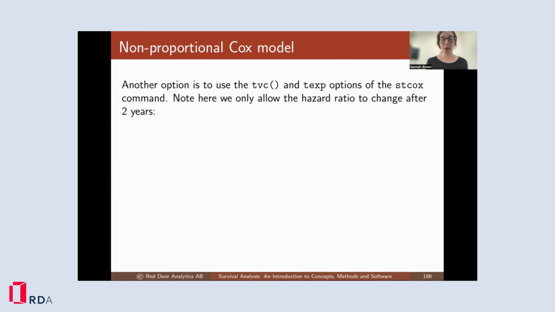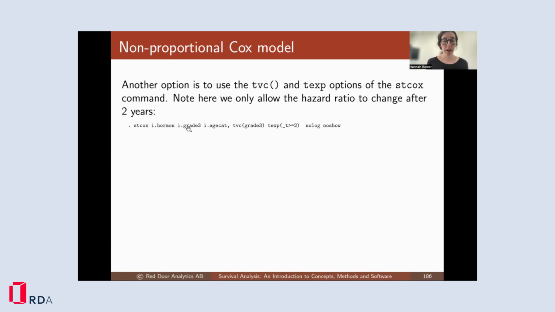So another option, if you want to fit a non-proportional Cox model, is to use the TVC and the TExp options of the stcox command. Note here in this example, we're only going to allow the hazard ratio to change after 2 years instead of having 3 different time slots. So how we do that is we specify stcox. We want to fit a Cox model here.